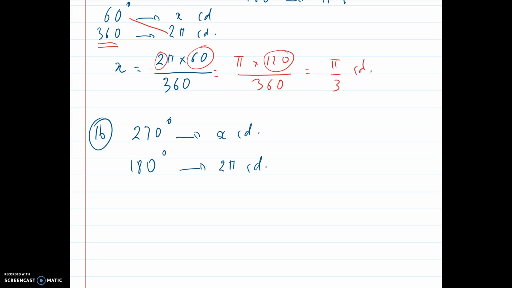Well, x is going to be equal to 2 pi multiplied by 270 divided by 180. And number 16, the answer is going to be 3 pi over 2. Let's move on.